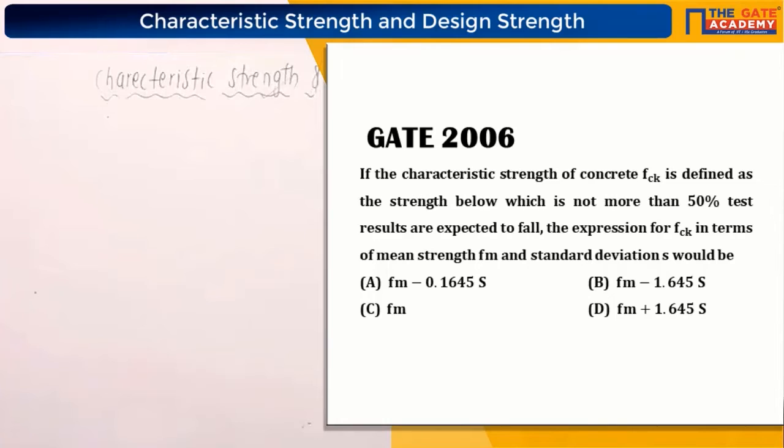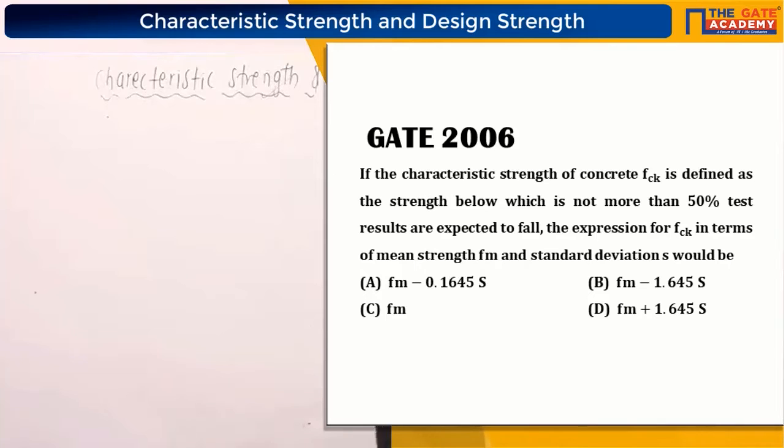I'll read the question for you. If the characteristic strength of the concrete, FCK, is defined as the strength below which not more than 50% of the test results are expected to fall, the expression for FCK in terms of mean strength FM and the standard deviation would be.